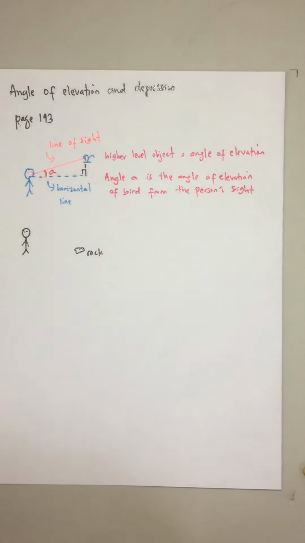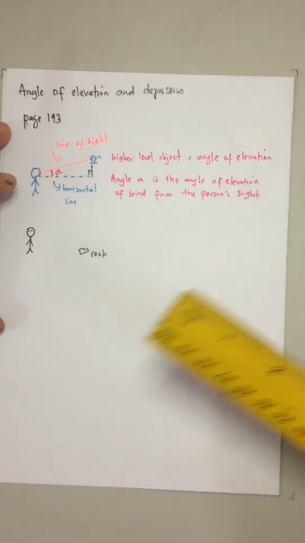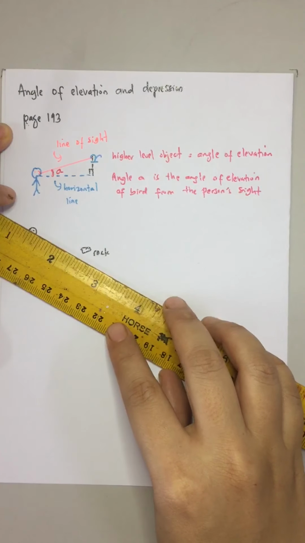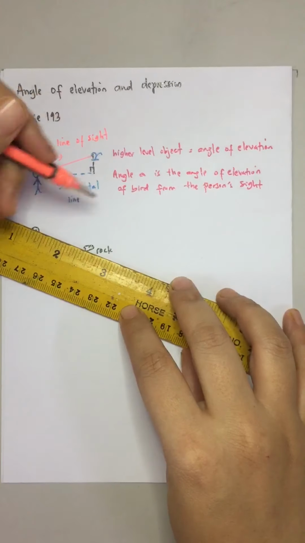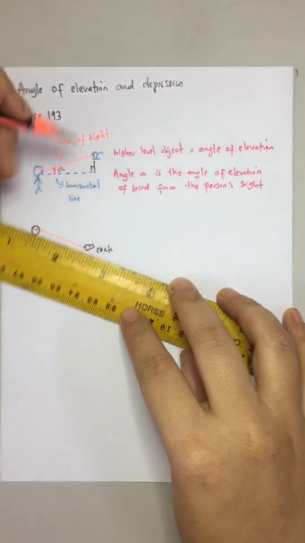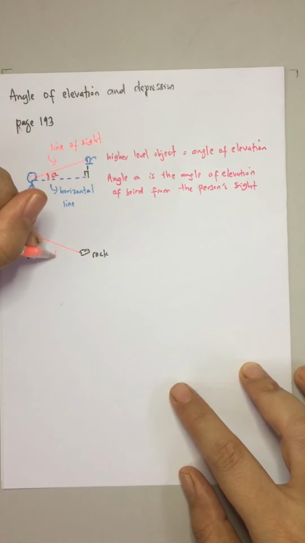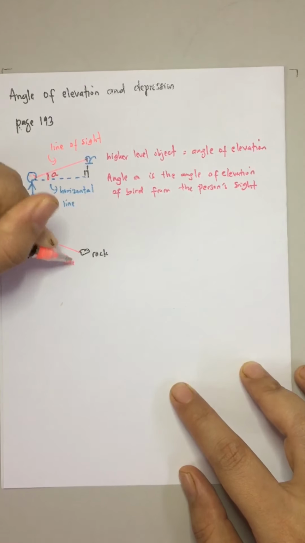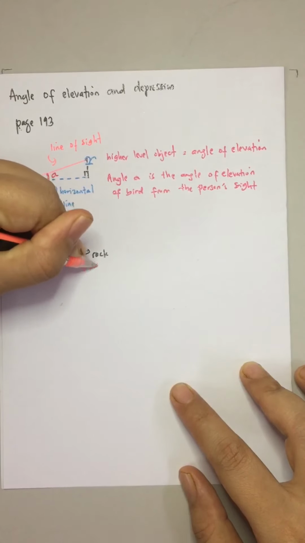So we draw the line of sight first, the line of sight from the eyes to the object. So we draw. This is the line of sight.